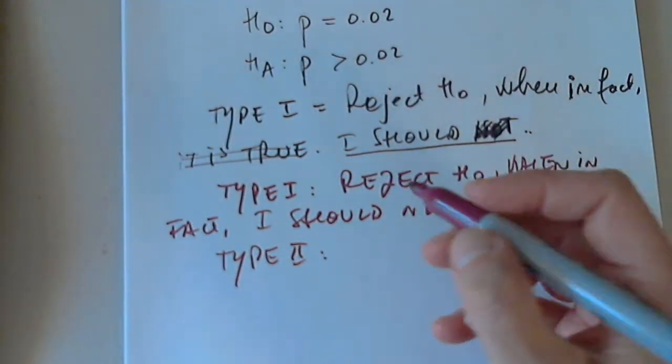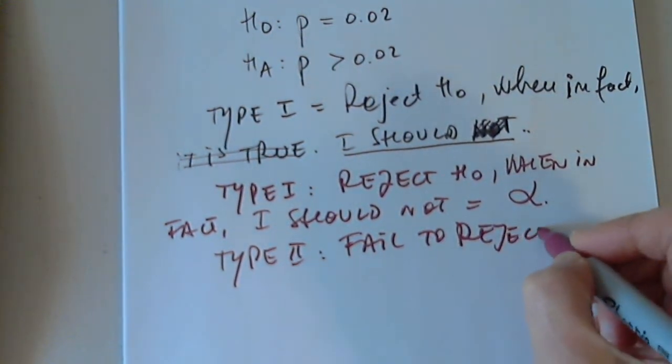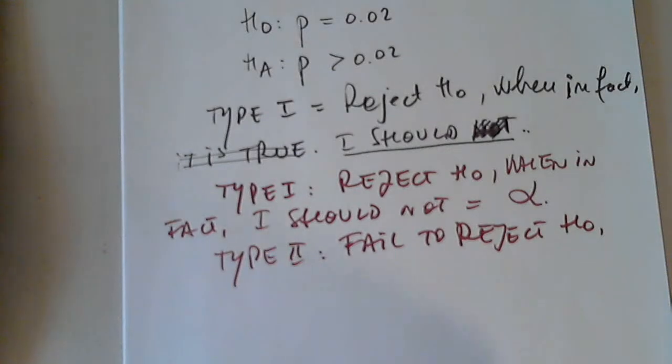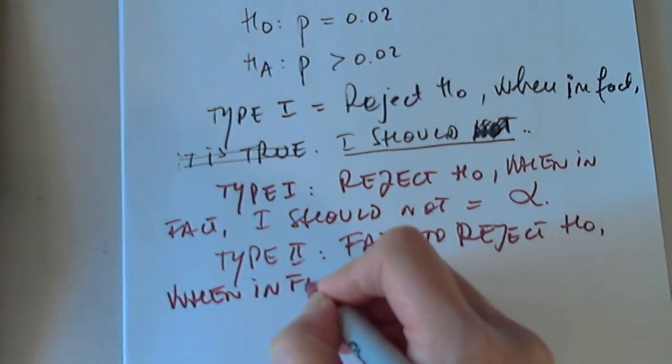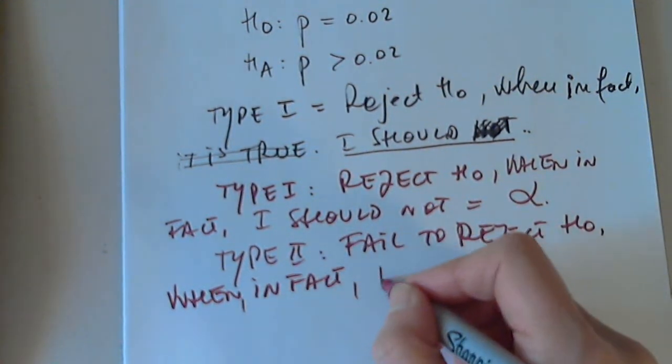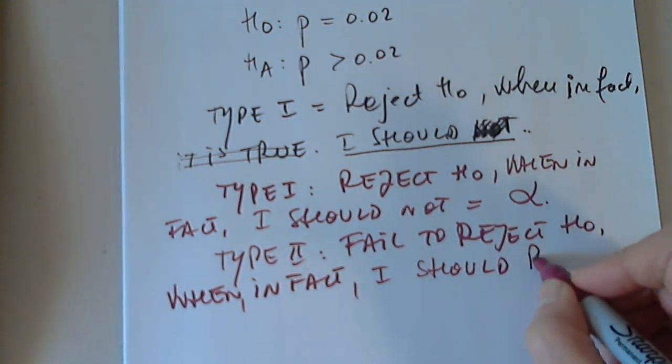Okay, type 2. Of course, it's the other one. Fail to reject H0, when in fact I should reject.